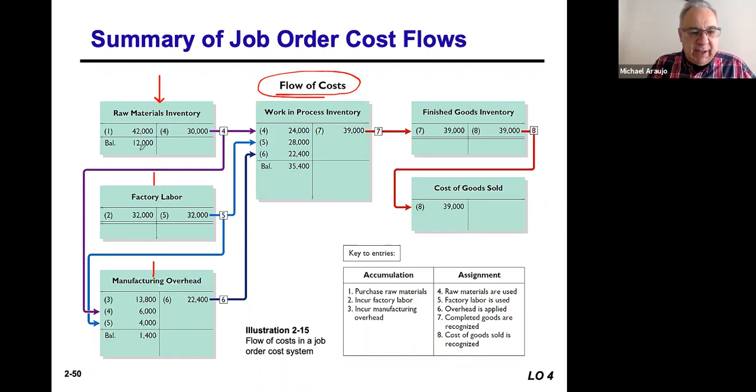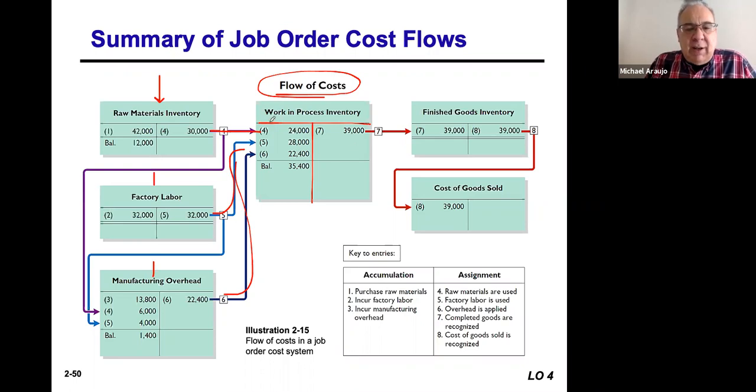We had to assign factory, everything had to get debited to show we had it. Then we start assigning things to work in process inventory as jobs get started. So that means raw materials, direct labor, and manufacturing overhead are getting assigned into the work in process inventory because they're starting to make the products.